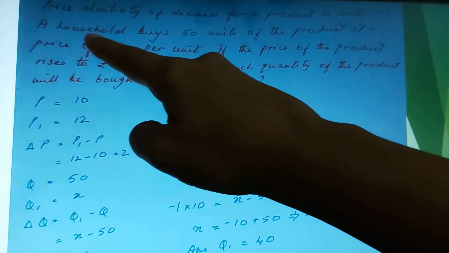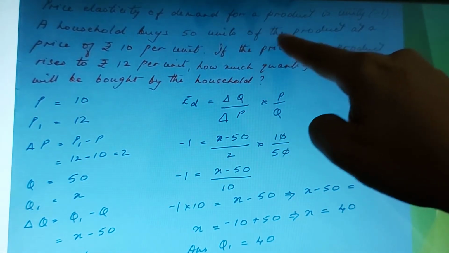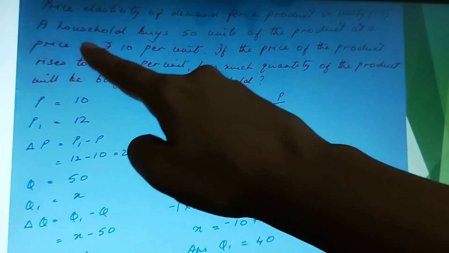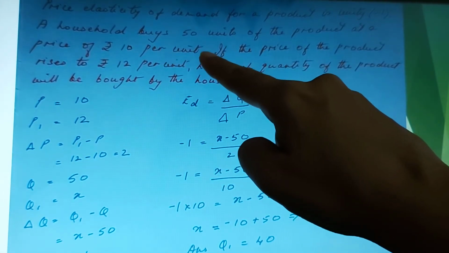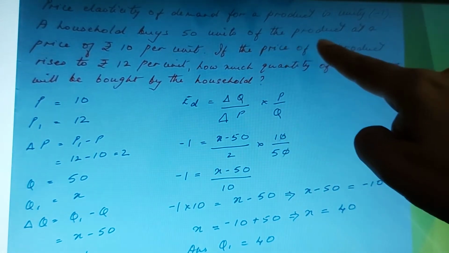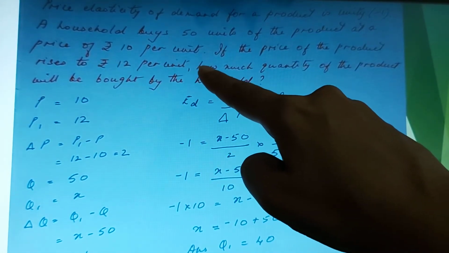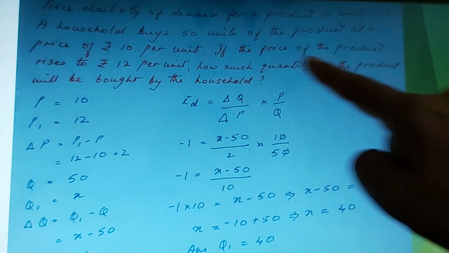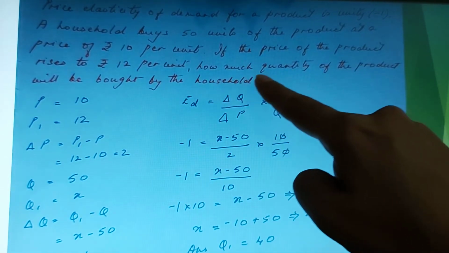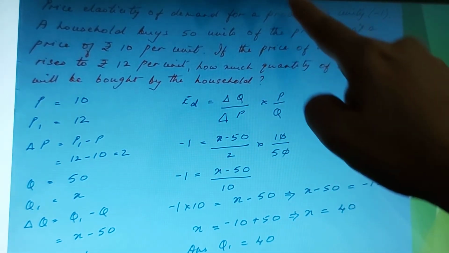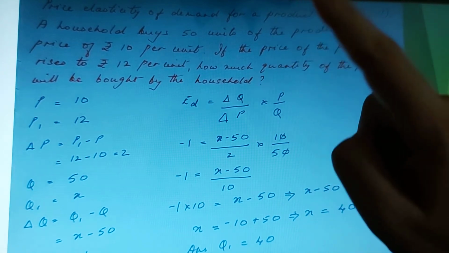So a household buys 50 units of the product at a price of rupees 10 per unit. If the price of the product rises to rupees 12 per unit, how much quantity of the product will be bought by the household? So first we will see what values are given to us already.